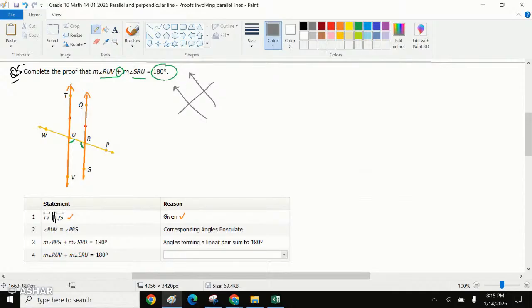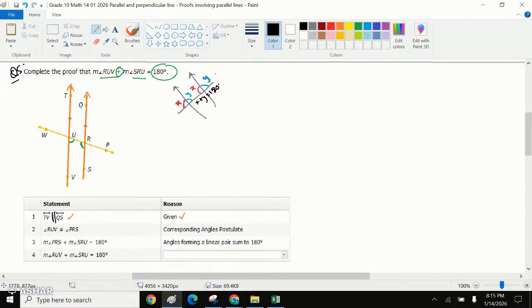If this was angle X and this was angle Y, we can always say that X plus Y was 180, right?